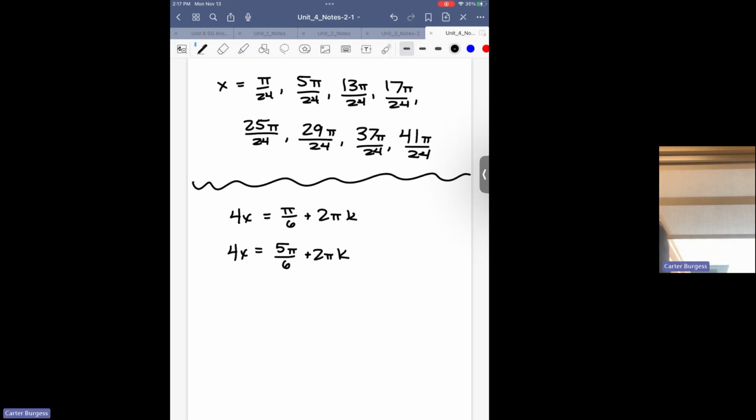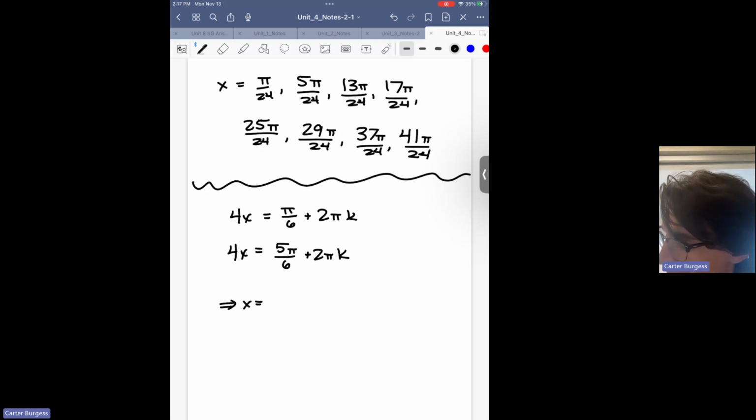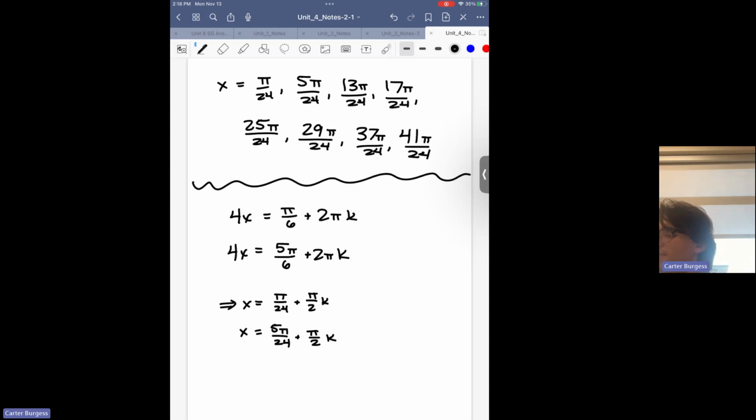And what we can do here is just solve directly for x. And in fact, without a parameter, this is basically what you would need to do. Dividing both sides by 4, I get that x is equal to pi over 24 plus 2 pi k divided by 4, which is pi over 2 times k. And I get 5 pi over 24 plus, again, this factor pi over 2 times k.